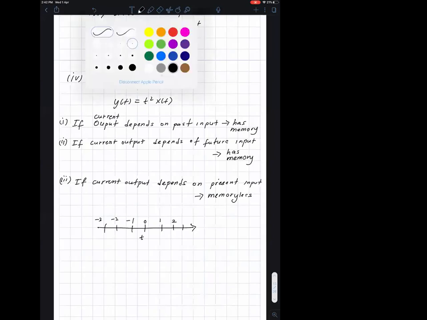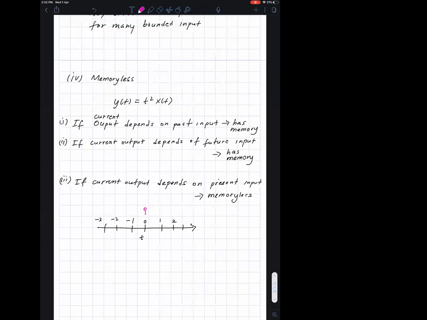If you're currently standing at time t equal to 0, then time t equals 1 is the future, and time t equals -1 is the past.